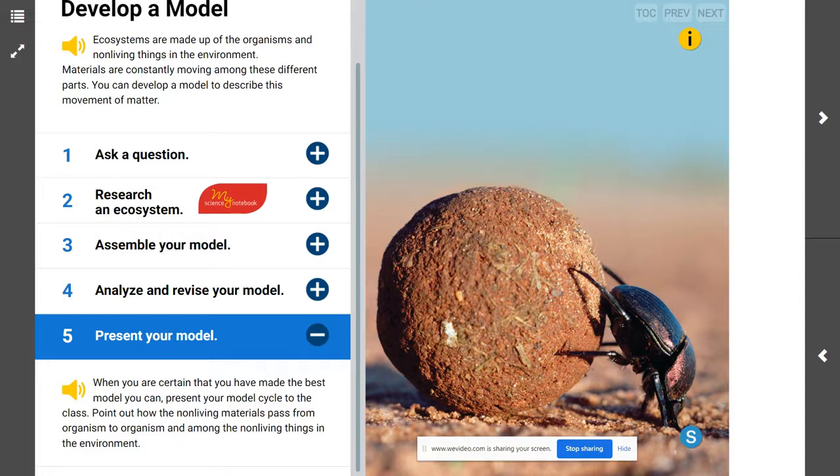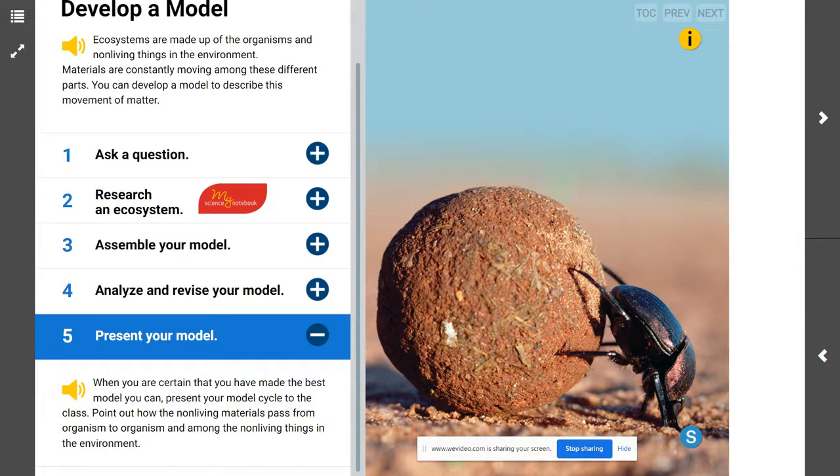How do materials pass from organism to organism? What is the role of decomposers in the cycle? Be prepared to answer all of those questions when you present. Be prepared to answer the question, in what ways did you think like a scientist as you completed this activity?